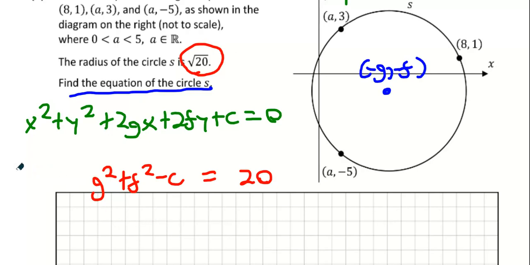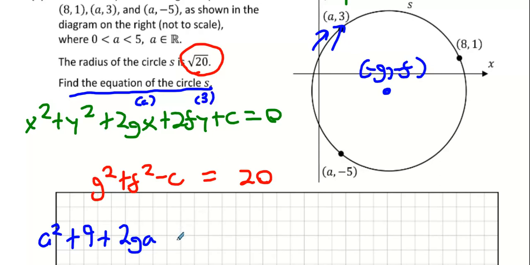Okay, next part. I'm going to do what I said earlier. Anywhere I see x, I'm going to replace it with a. Anywhere I see y, I'm going to replace it with 3. Let's do it. a squared plus 3 squared, which is 9, plus 2g times x, 2ga, plus 2fy, 2f multiplied by 3, 6f, plus c equals 0.